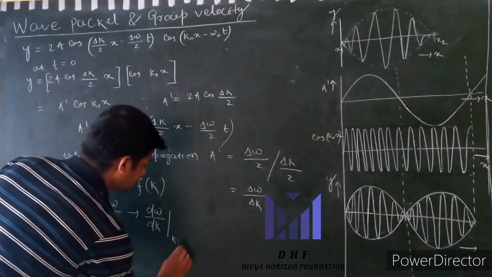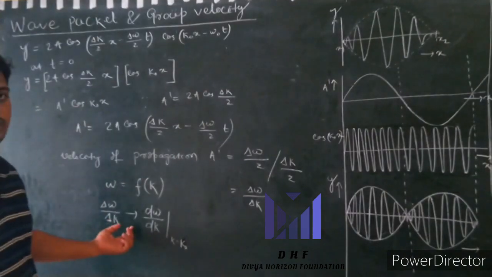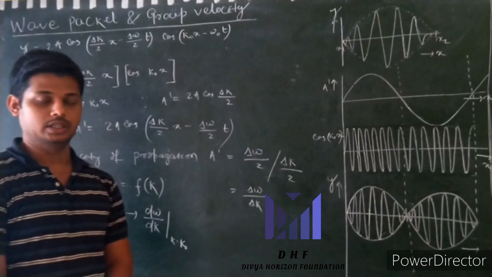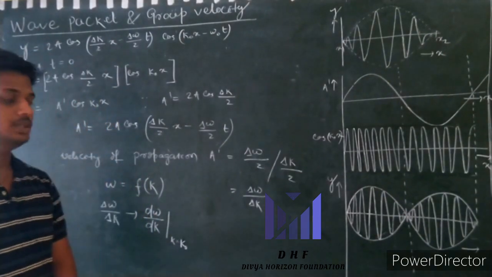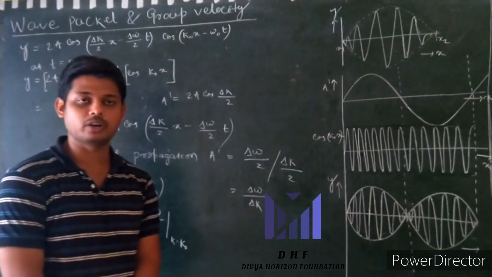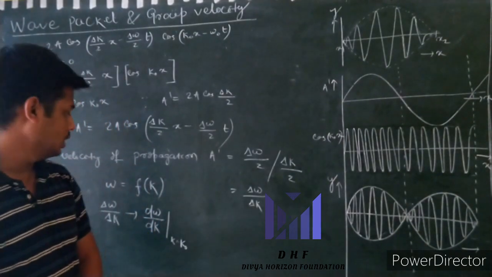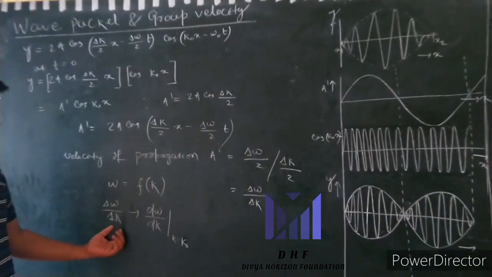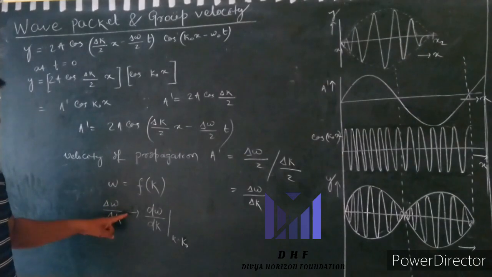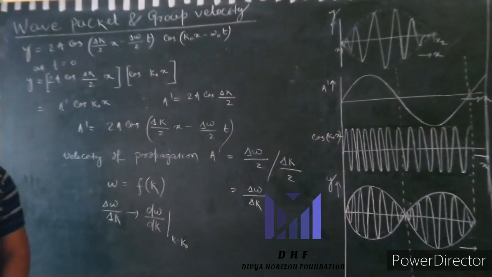So we can say that the velocity of a real wave packet, meaning the wave packet which is considered to be made up of numerous monochromatic waves instead of only two, is that the velocity of the wave packet, del omega by del k, is replaced by d omega by dk at k is equal to k0.